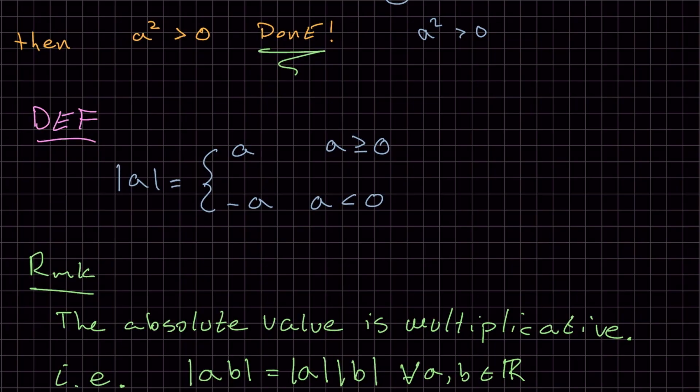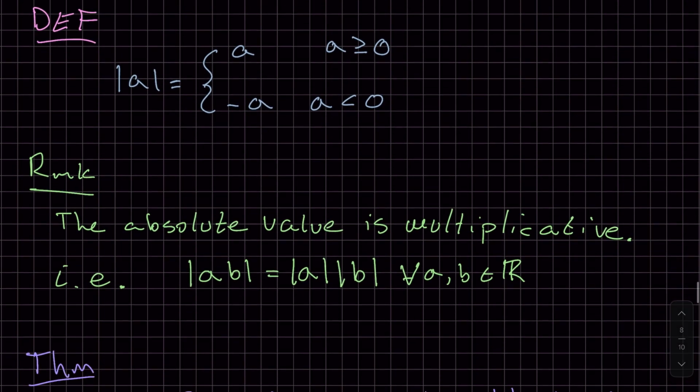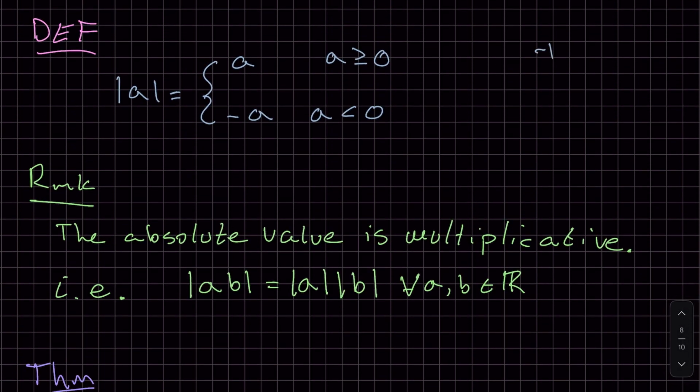And so here we have a definition. The definition of the absolute value of a is equal to a if a is greater than or equal to 0, and if a is less than 0, then negative a equals the absolute value of a. Say you had negative 1. It is clearly less than 0.